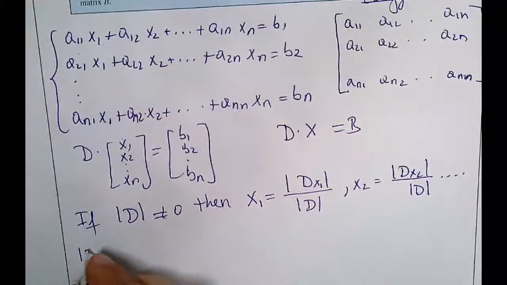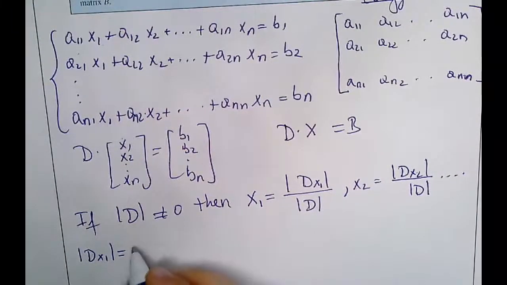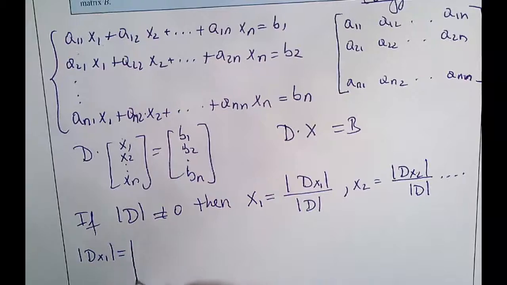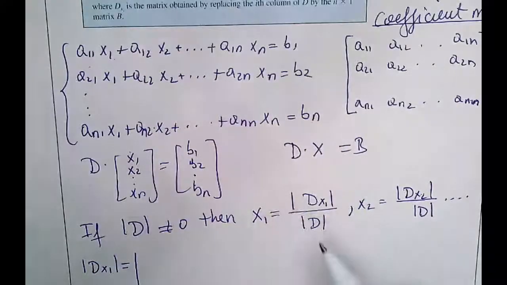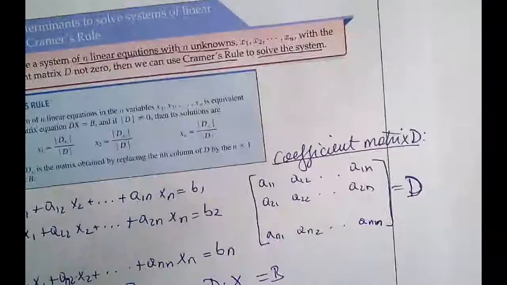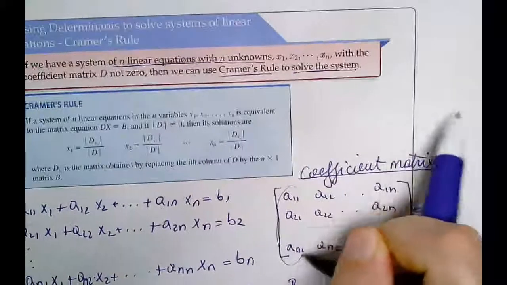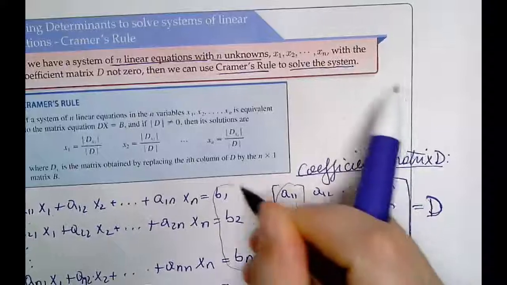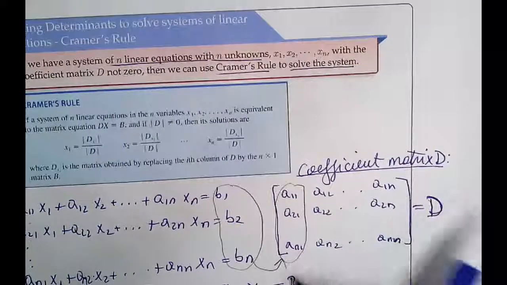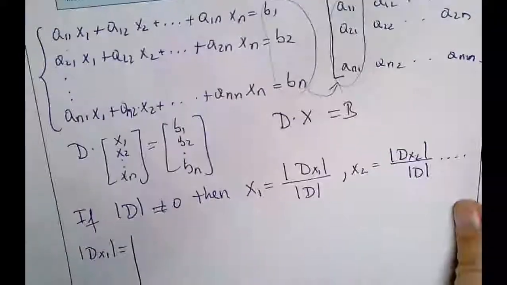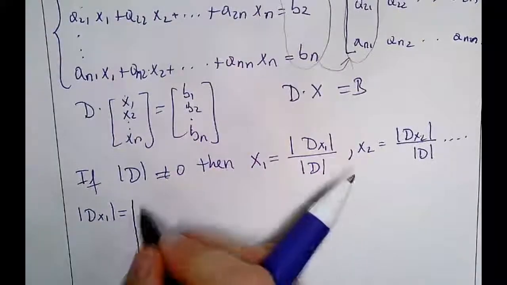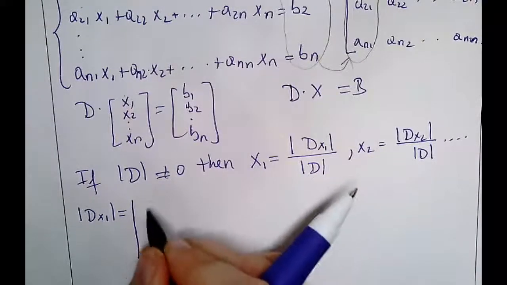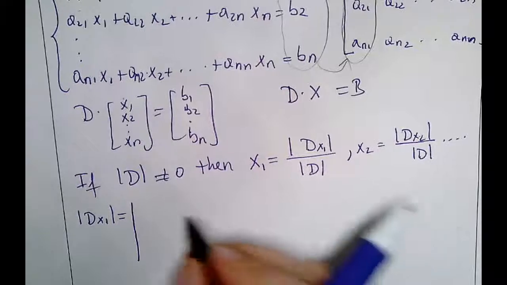The determinant Dx1 is going to be the determinant of the coefficient matrix, but instead of column 1, we're going to put the constant terms. So the determinant corresponding to x1 is going to have b's in the first column, and the rest stay the same.